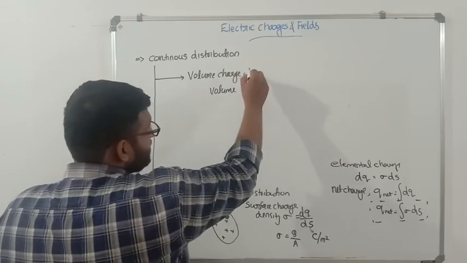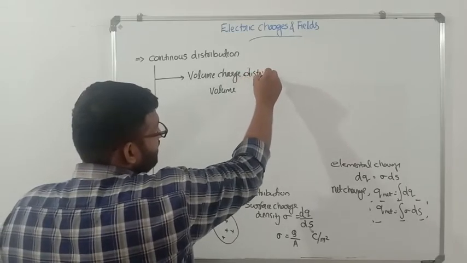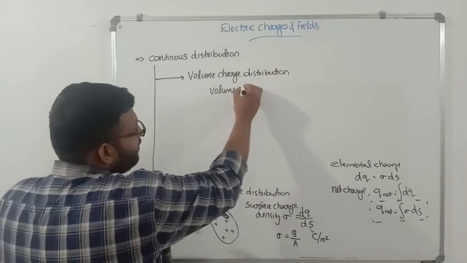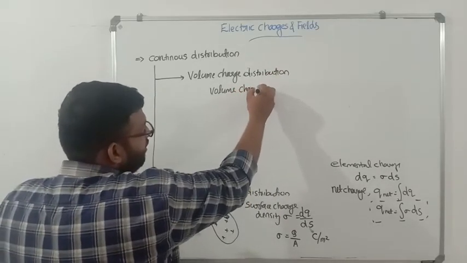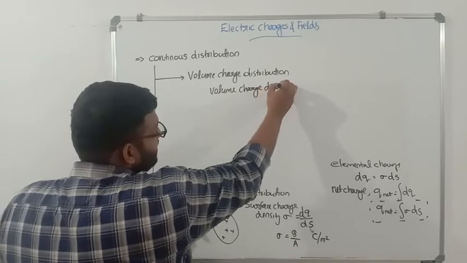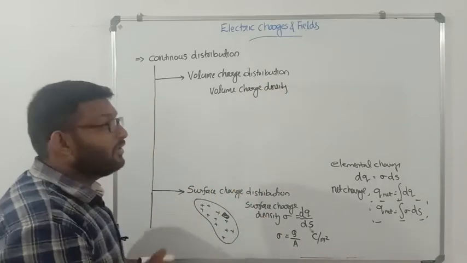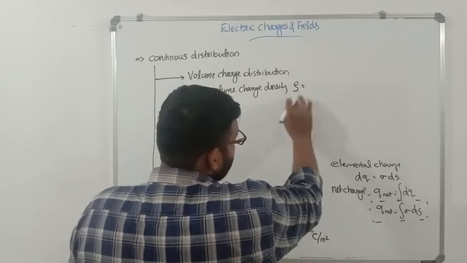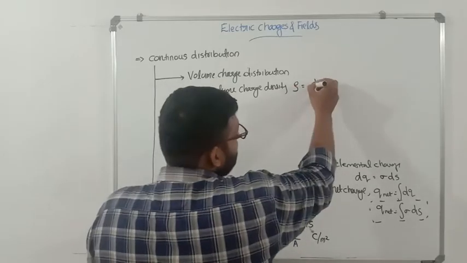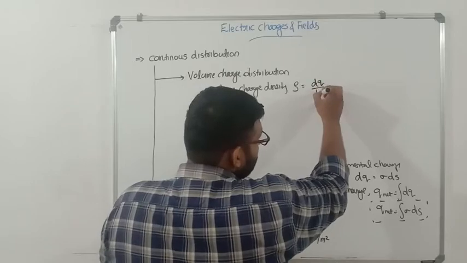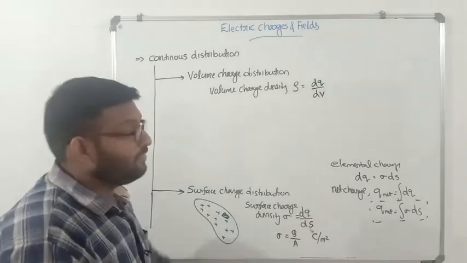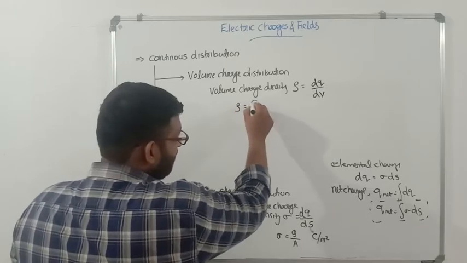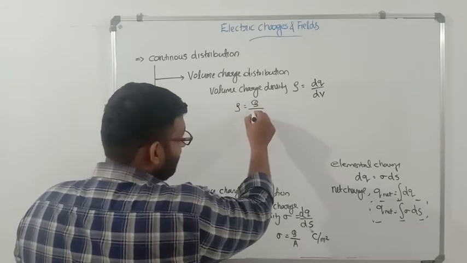Volume charge density means charge per unit volume. It is represented by the letter rho. Rho is equal to dq by dv. The derivative of charge with respect to volume is called volume charge density. We can represent this as the total charge present in the system divided by volume.